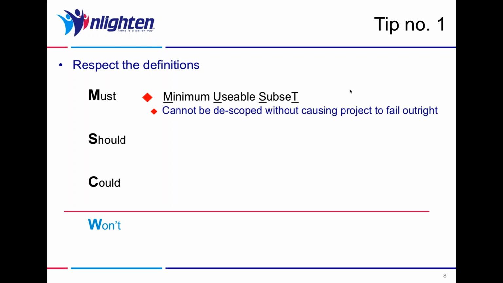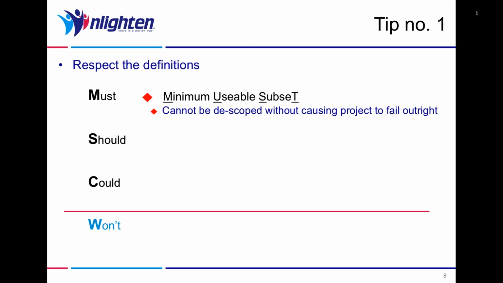So the first is the definition of a must-have requirement. Now, a must-have requirement should describe the minimum usable subset of the solution being created. And what's the minimum usable subset? It is literally the minimum that is required for this thing to actually hang together and operate. It has nothing to do with business value other than the fact that if it wasn't met, then nothing would work.